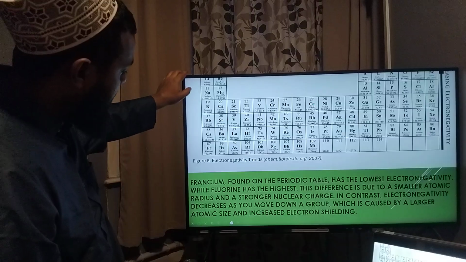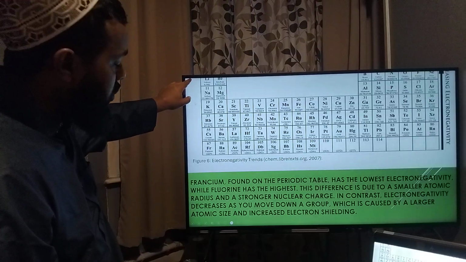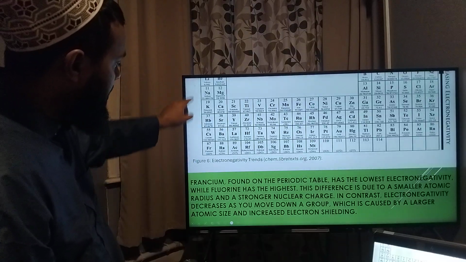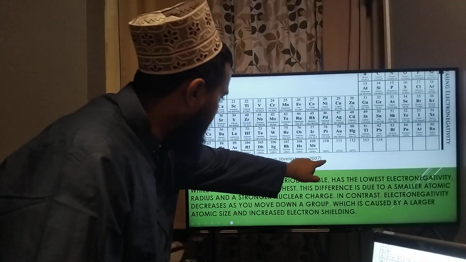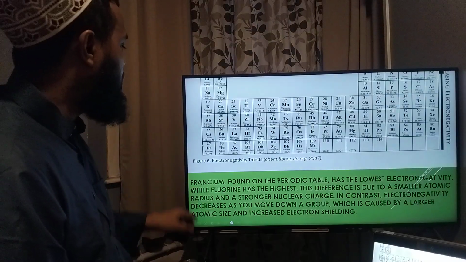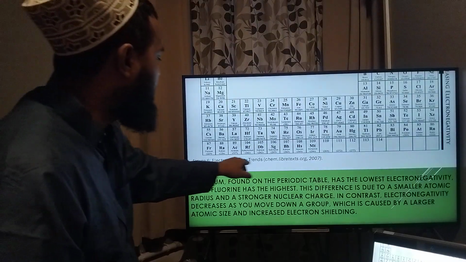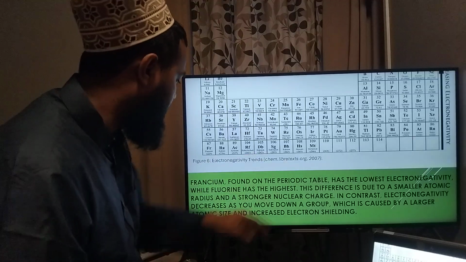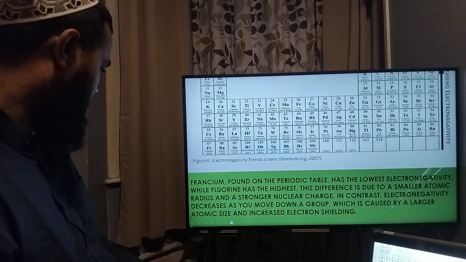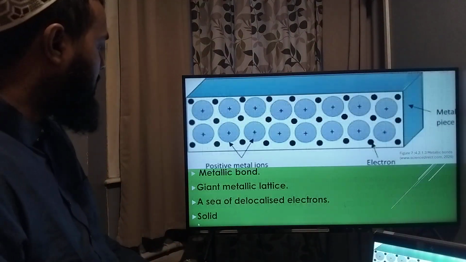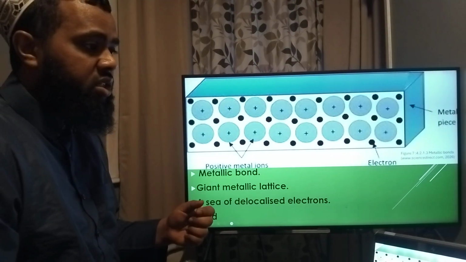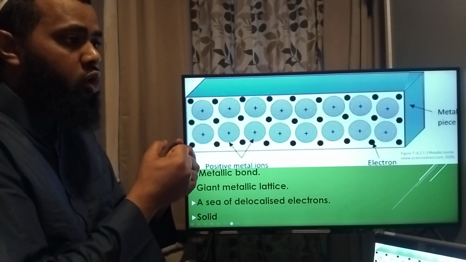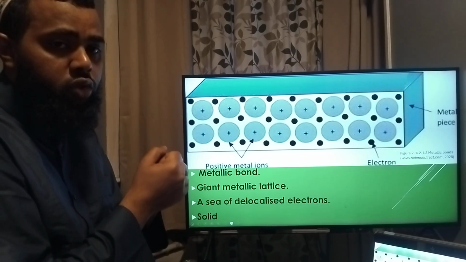For non-metals, electronegativity increases up and to the right. The electronegativity, as I mentioned, is the tendency of atoms to attract electrons.